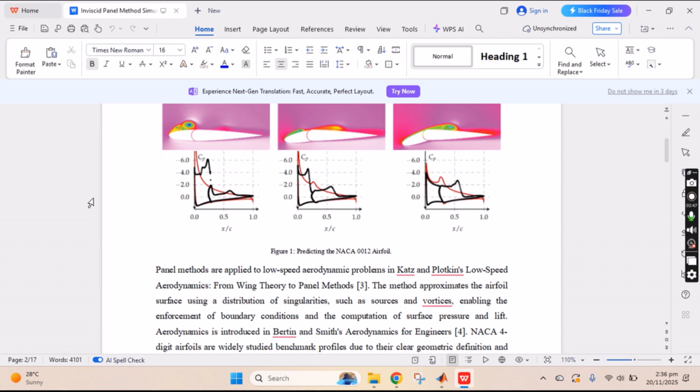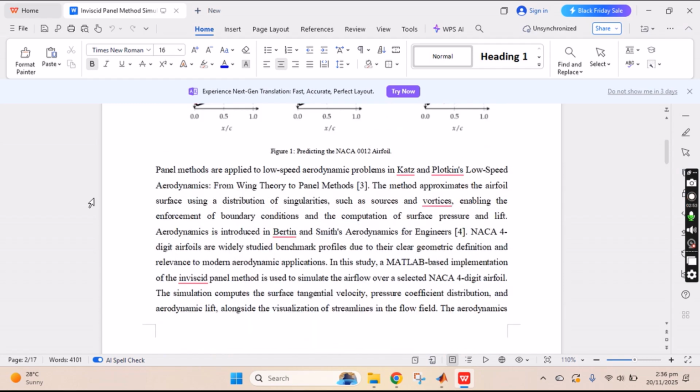That method is used in Katz and Plotkin's Low-Speed Aerodynamics: From Wing Theory to Panel Methods. Basically, the method approximates the airfoil surface using a distribution of singularities such as source and vortex, enabling the enforcement of boundary conditions and the computation of surface pressure along with lift.